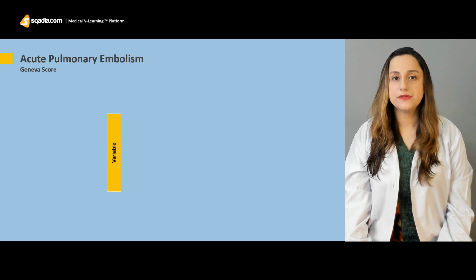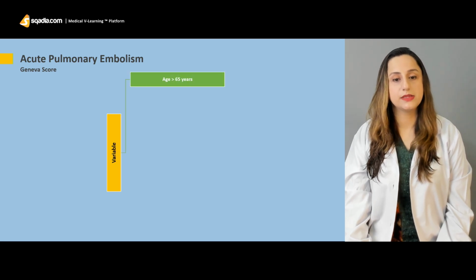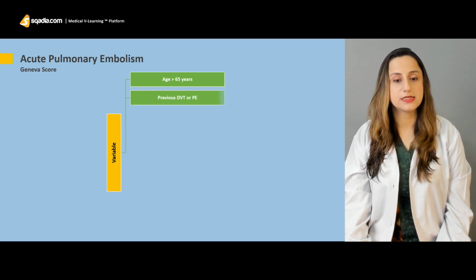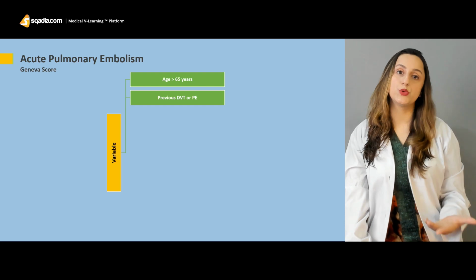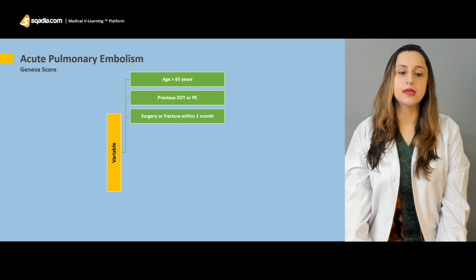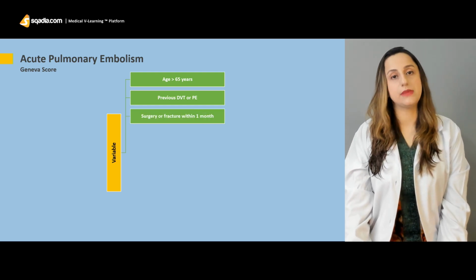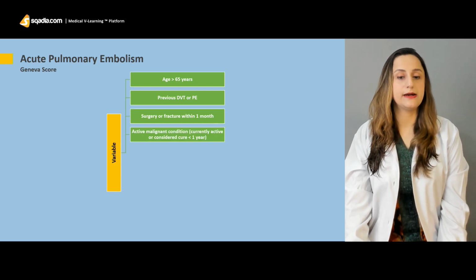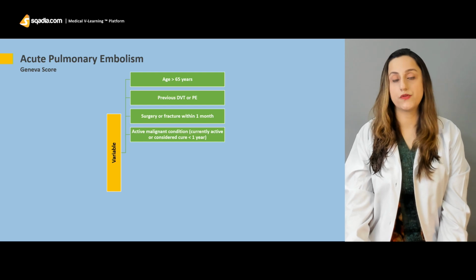Now, regarding the Geneva score, it's usually variable. It includes factors such as age, which has to be more than 65 years. Then a previous DVT or previous episode of pulmonary embolism also scores towards the Geneva score. Surgery or fracture within 1 month. And active malignant conditions, currently active or considered cured for less than 1 year.